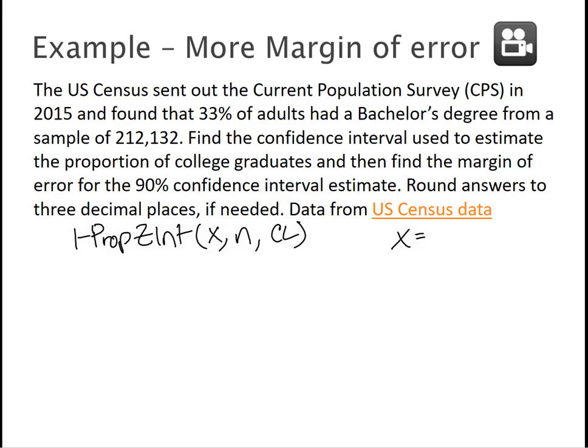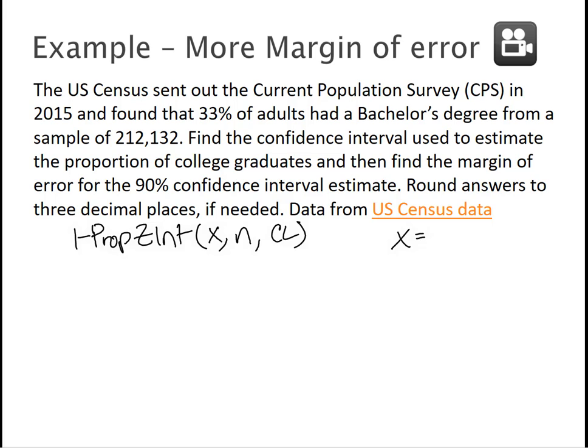Well, in my problem, X is going to be the number of successes. In this case, a success is that a student graduates. And I'm told that 33% of adults have a bachelor's degree. So I'm given a percentage, a p hat, if you will. I'm given a proportion.